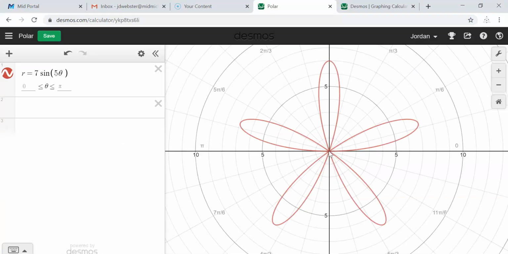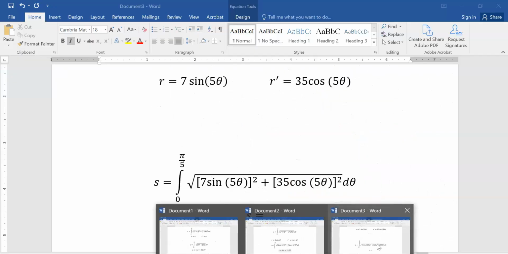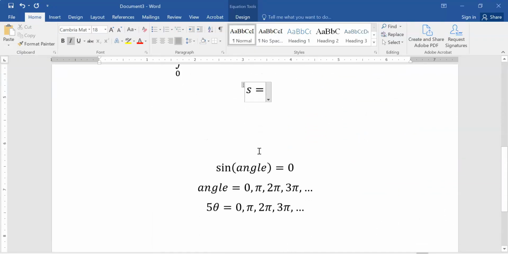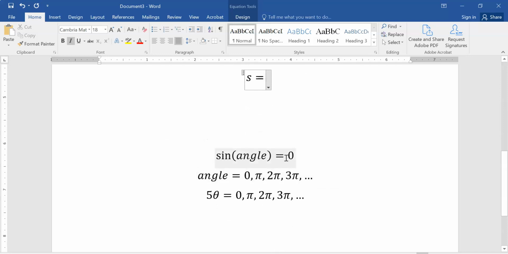The first way you can do it is you can trace around. Push graph on your calculator, graph it, and trace things around.